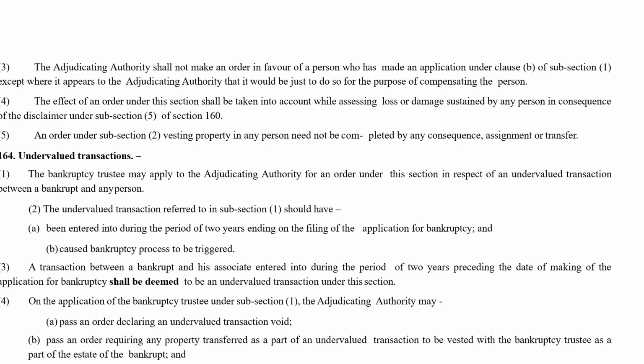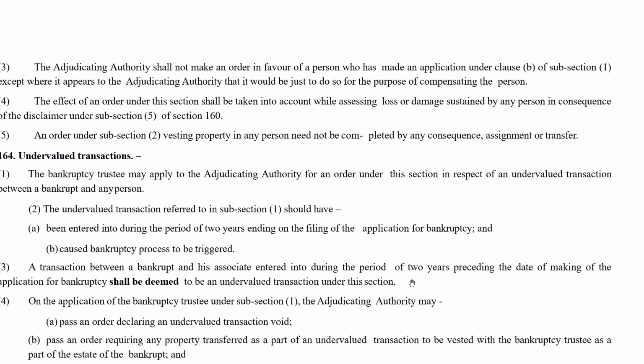Here it is 2 years before the date of filing of the application for bankruptcy, and cause the bankruptcy process to be triggered. This is also important. A transaction between a bankrupt and his associate entered into during the period of 2 years preceding the date of making of the application for bankruptcy shall be deemed to be an undervalued transaction.